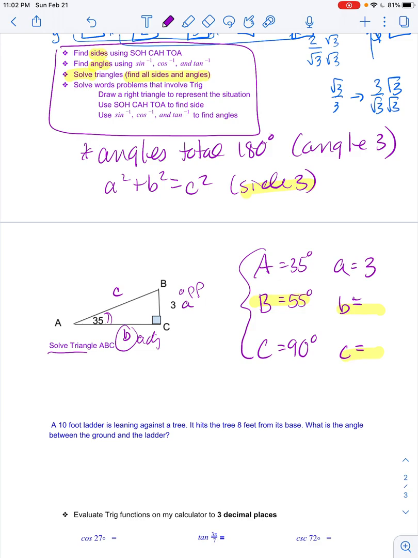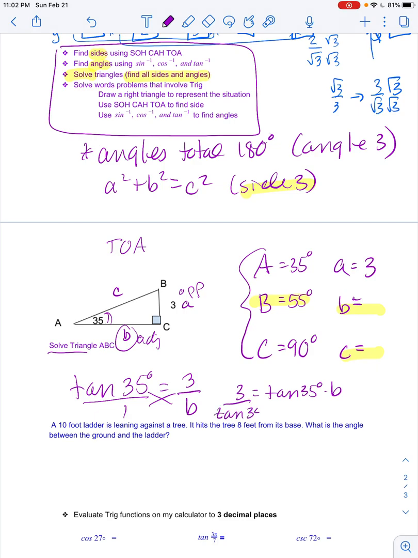So thinking back to SOHCAHTOA, opposite and adjacent means I'm going to use the tangent of 35 equals the opposite over the adjacent. And then if you want to think of it as cross multiplying, you can. If you can just manipulate that in your brain so that you know you're going to end up taking 3 divided by the tangent of 35, that's awesome.